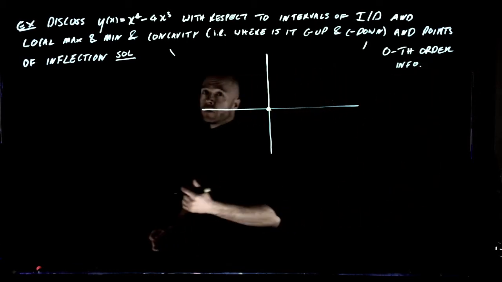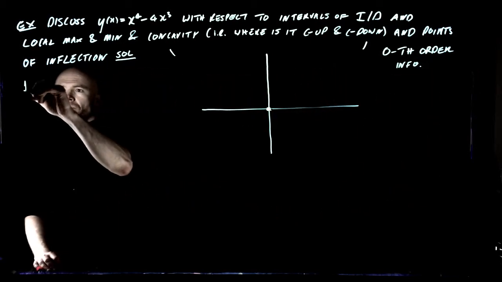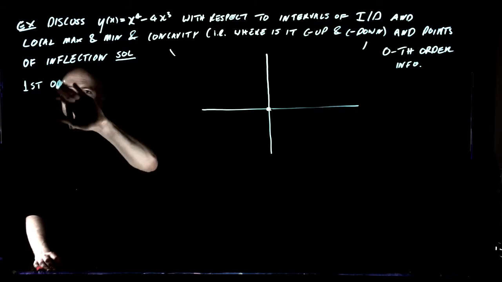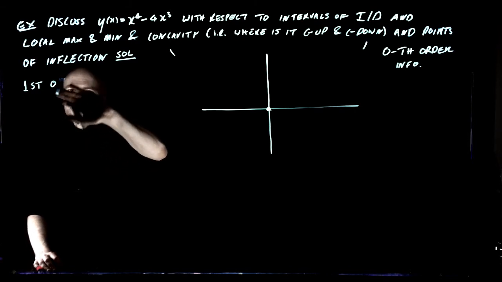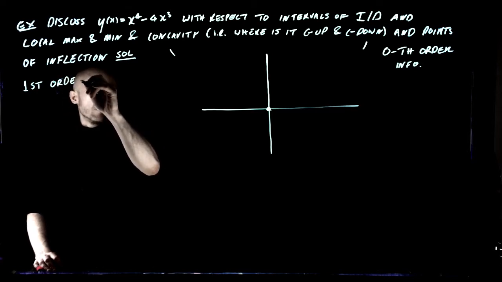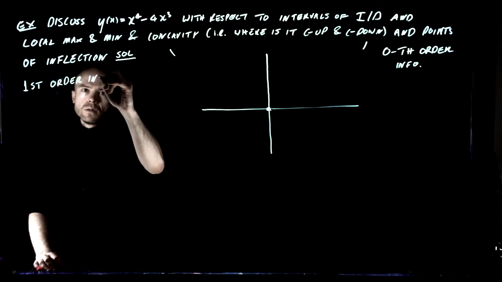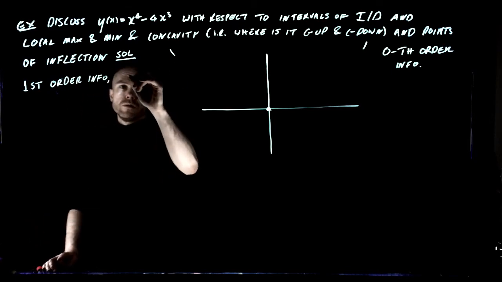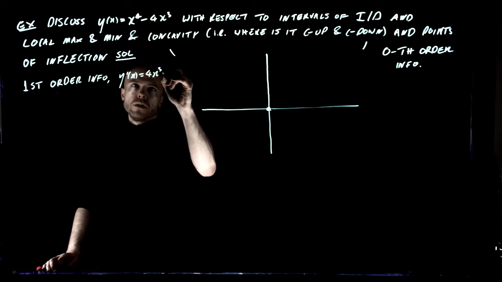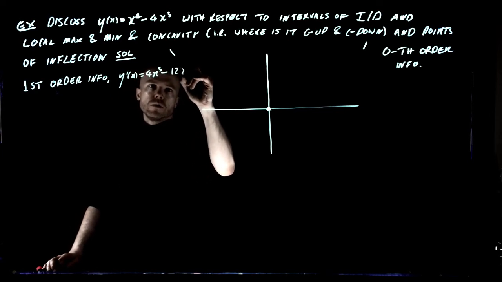Okay, now the first order info, which we get from taking the derivative. Let's take the derivative. 4x to the 3 minus 12x squared.